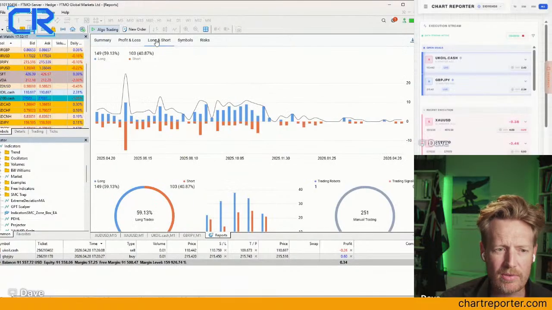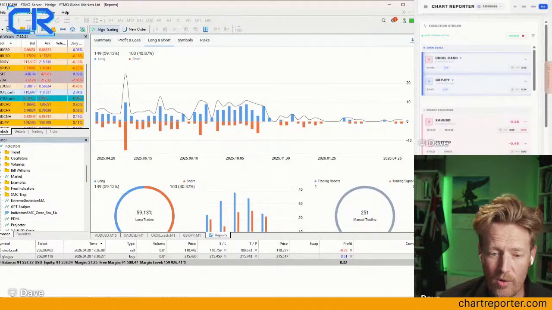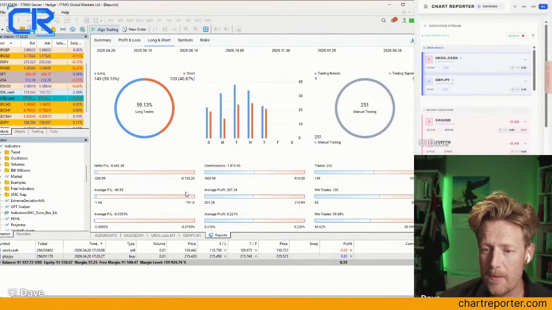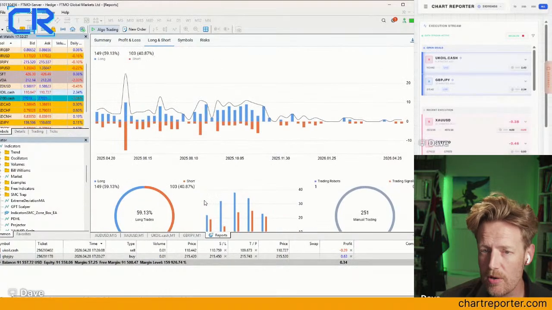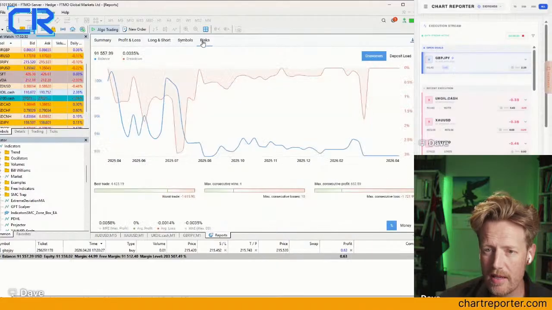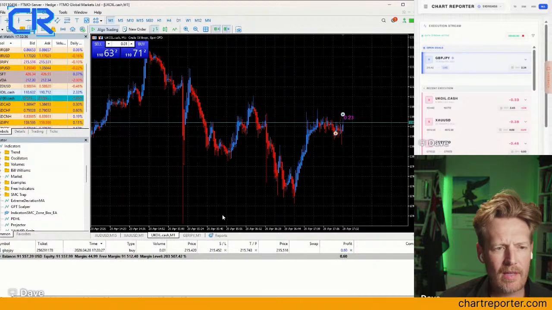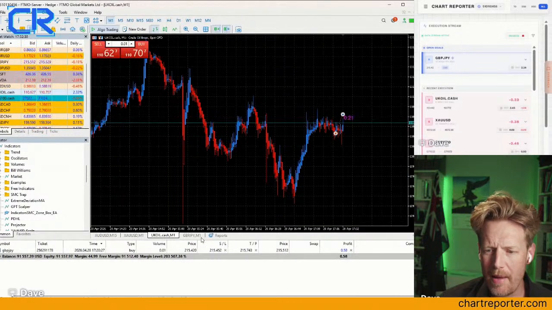I was trying to use these MetaTrader tools, and I'm like, this is insane. I had all these trades happening with my EAs, and I couldn't work out which EA was doing the best job, which one was doing the worst job. It was horrendous. That's when I went, I need a better tool, because I can't manage my performance.